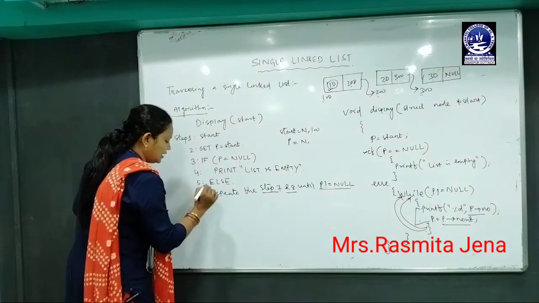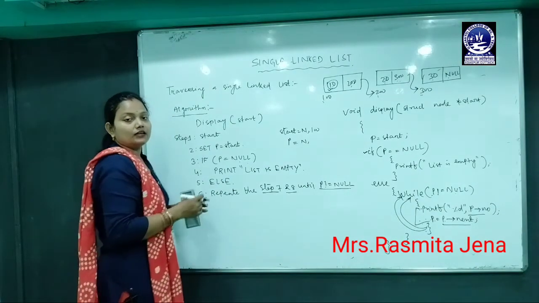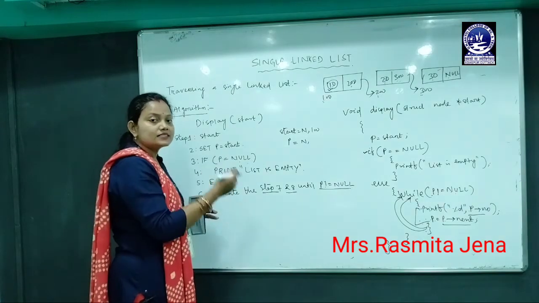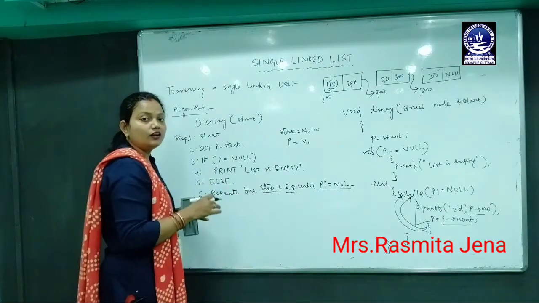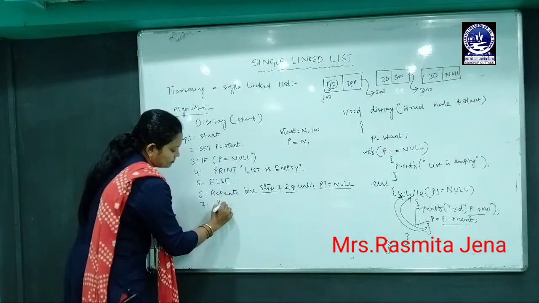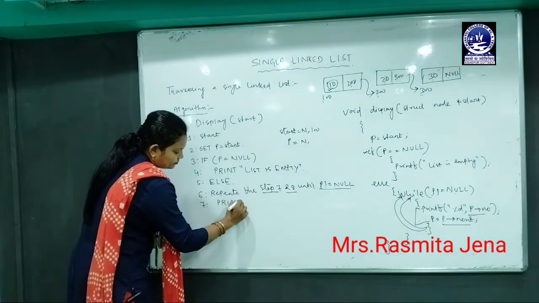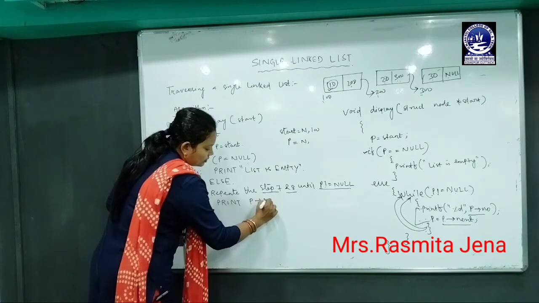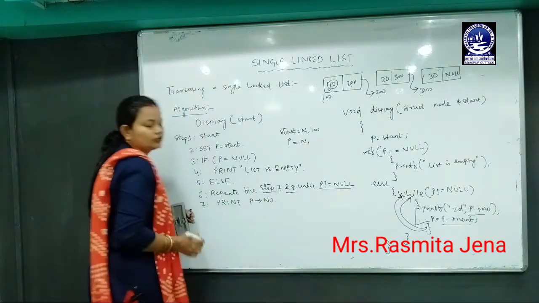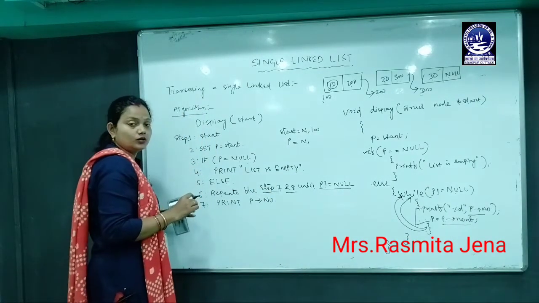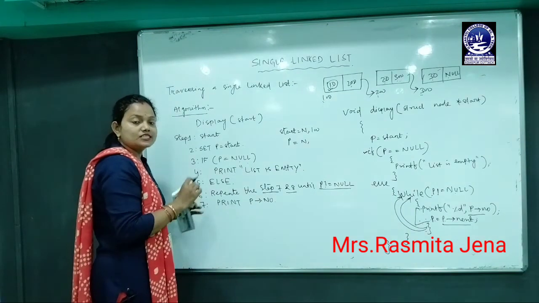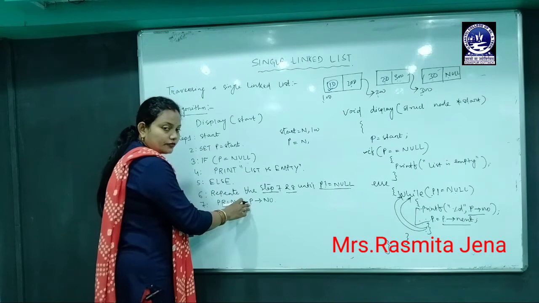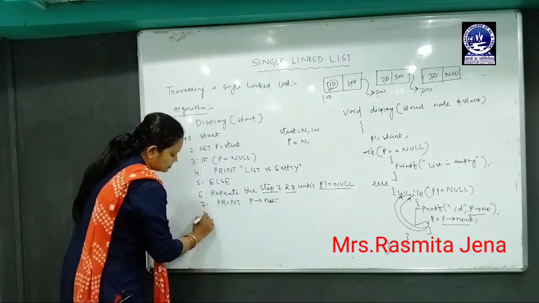In 7 and 8, we will display the number part of the node, and we will assign the next address of the node to the pointer variable. So print the info part of the P. That means P contains the node address, and we will display the number part of the pointer variable P. Step 8.